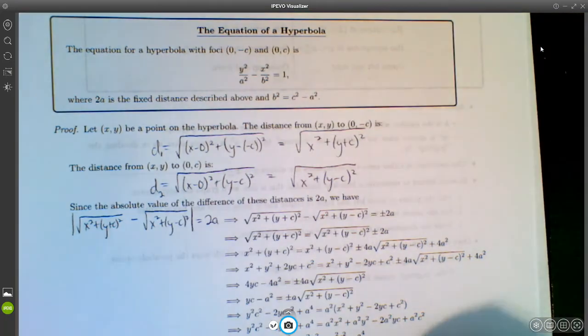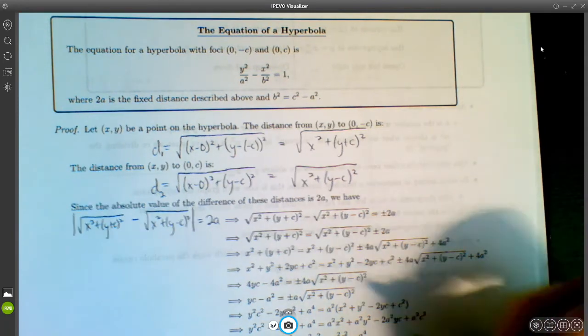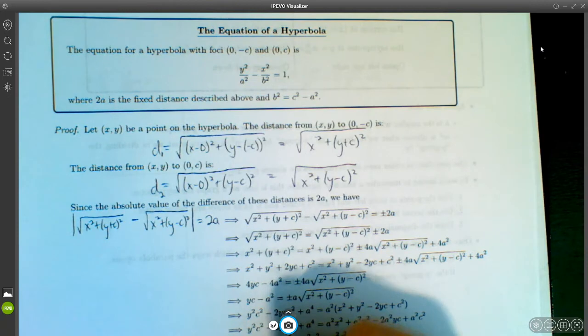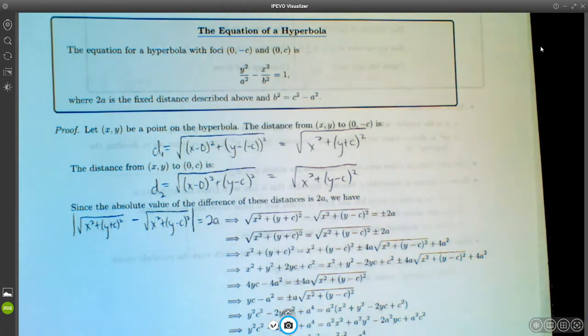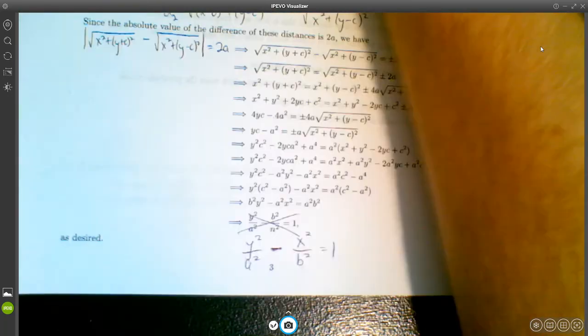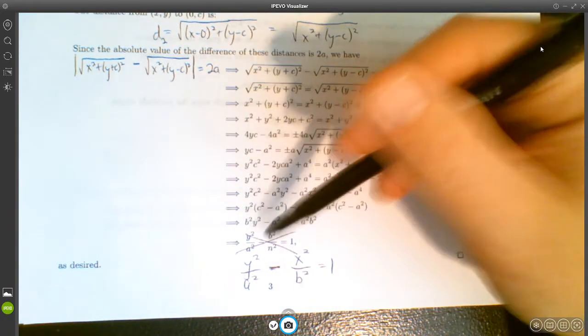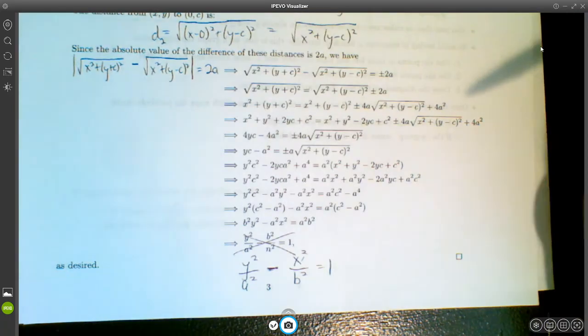And then divide through by a squared b squared. And this is a typo. We should have y squared over a squared minus x squared over b squared equals 1. Sorry, that last step was a typo. It should be y squared over a squared minus x squared over b squared equals 1.